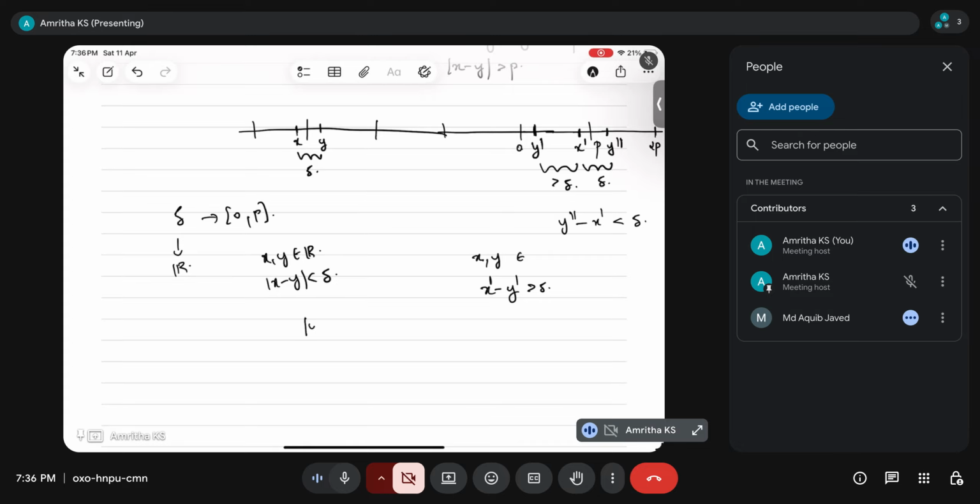Then you will get y double dash minus x dash to be less than delta. Then you should apply uniform continuity, you should take delta. But how is it so? Y dash minus x dash less than delta. You can see y double dash minus x dash, right?